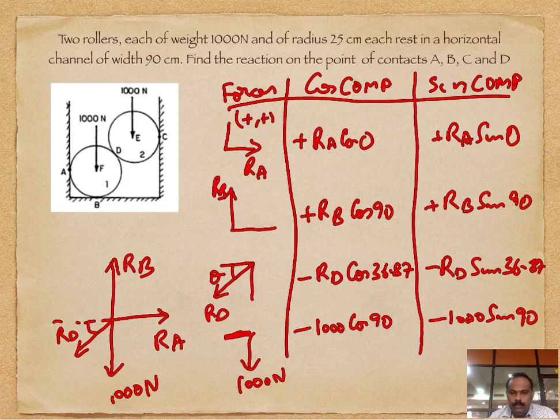Here we have cos 0 is 1, sine 0 is 0, cos 90 is 0, sine 90 is 1, and here again cos 90 is 0 and sine 90 is 1.